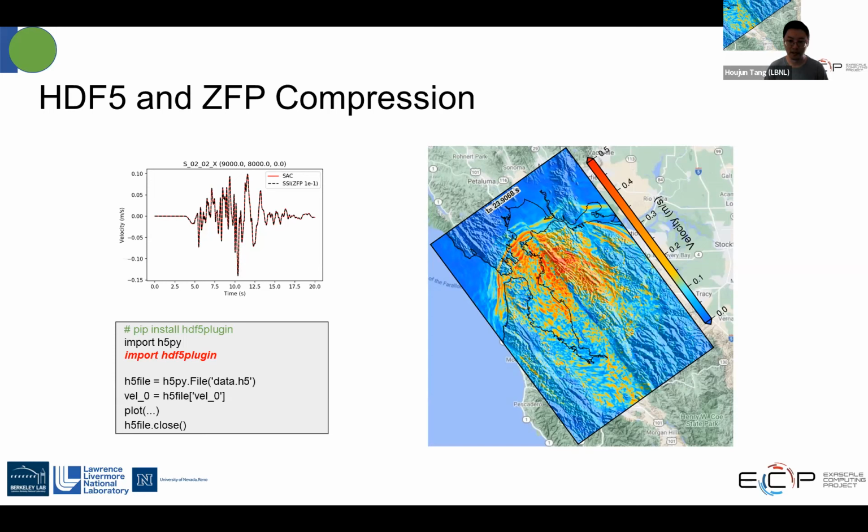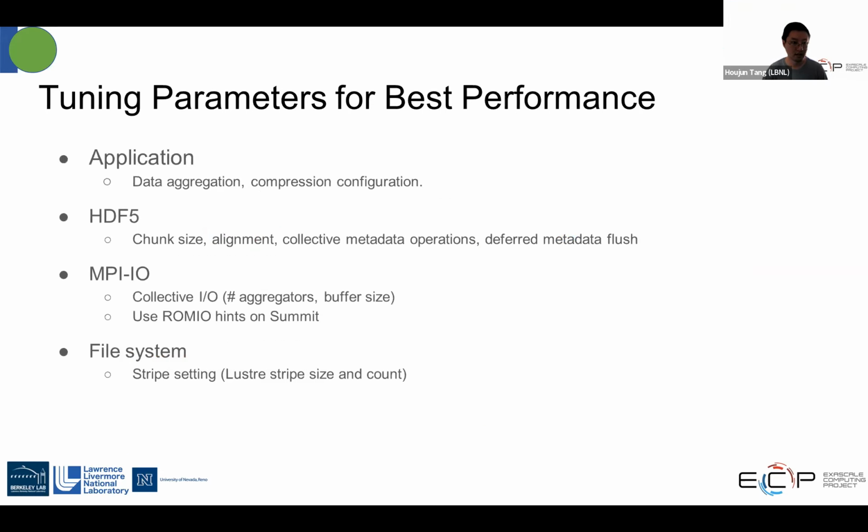On the right-hand part, this is the visualization of one of our earthquake simulations. Because of compression, we are able to save the entire domain and make visualizations for the entire simulated domain. That is really helpful for our project.